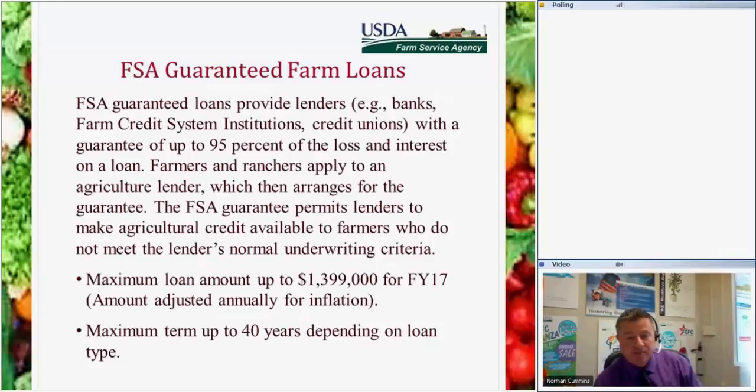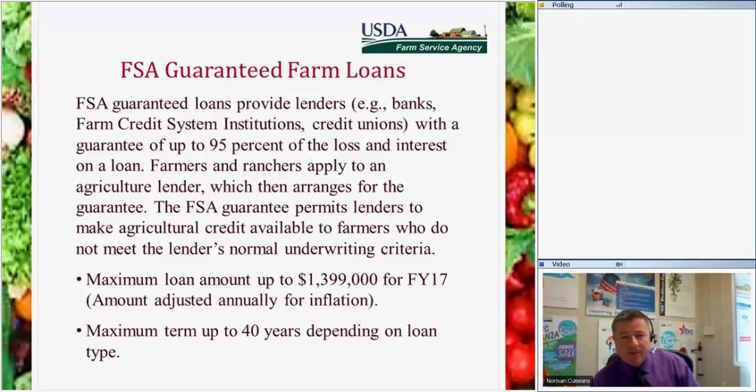So that is something you would want to contact your county office for. The FSA guarantee permits lenders to make agriculture credit available to farmers who do not meet the lender's normal underwriting criteria. So if you can go to a bank and they're unable to finance you on their regular portfolios, a guarantee is a good way to go.